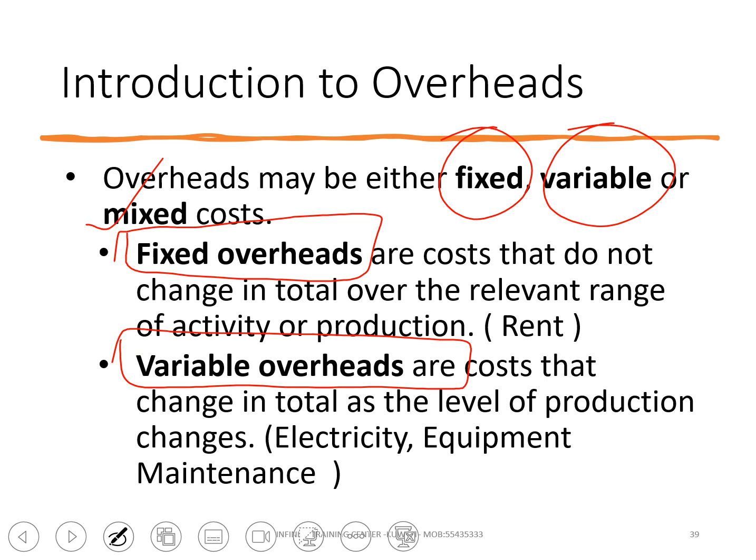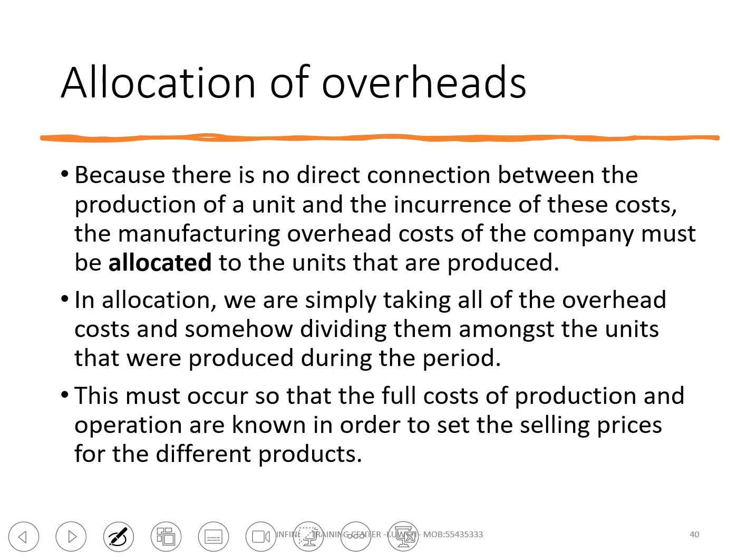If the production is increasing, this cost is going to increase, and when the production is decreasing, the cost is going to decrease. An example is electricity or equipment maintenance. The more you use, the more cost you will spend on electricity or maintenance. The less you use, the less cost you will have. So these are variable overheads. So you have fixed overheads and variable overheads.